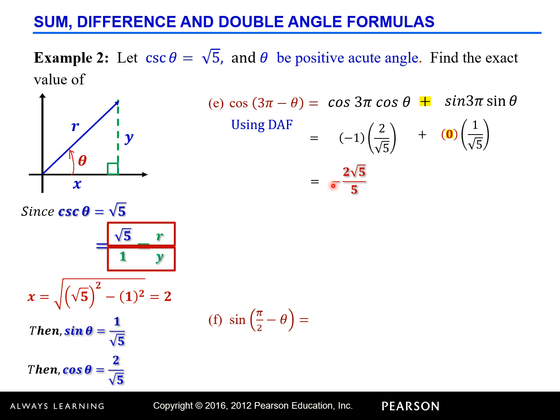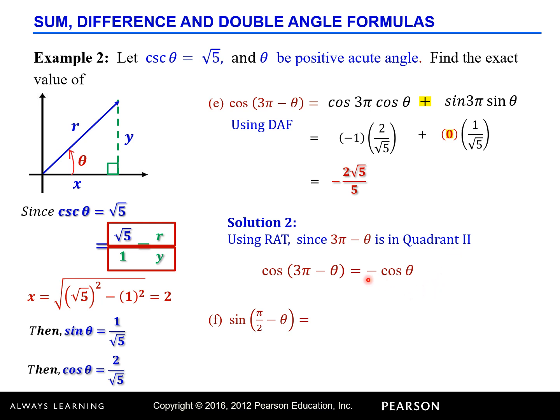We can have another solution here using the reference angle theorem, or RAT. Since 3 pi minus theta is in quadrant 2, cosine of 3 pi minus theta is equal to, the sign of cosine in quadrant 2 is negative, so it's equal to negative cosine of the reference angle, because the reference angle of 3 pi minus theta is theta.